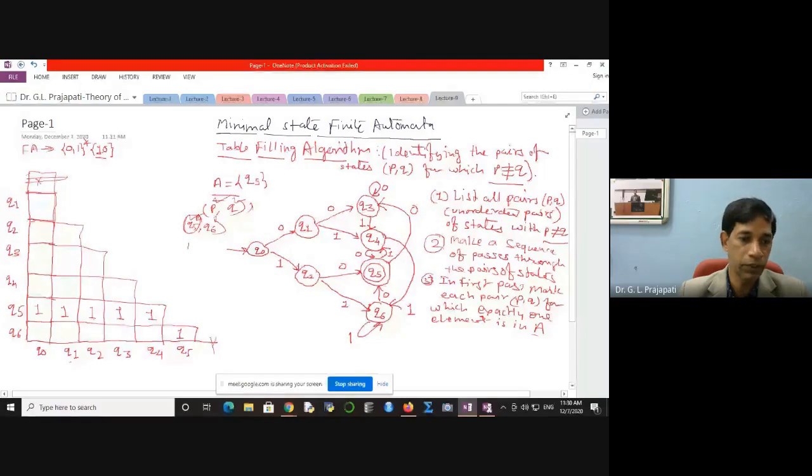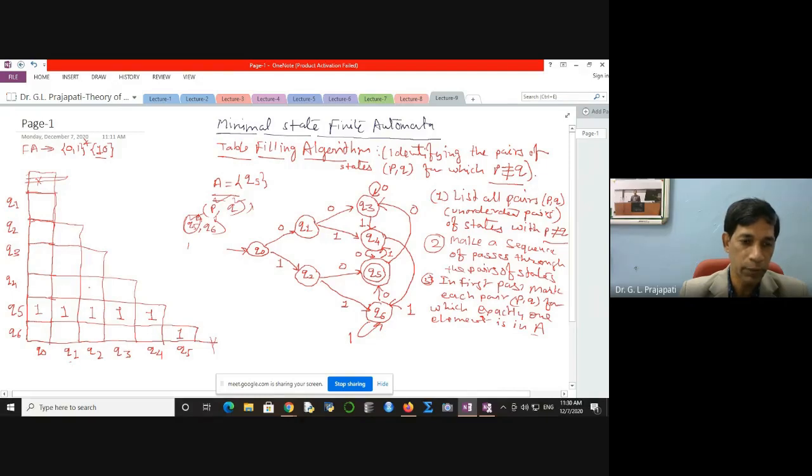Now you can consider whether Q4 and Q0 can be marked. We cannot mark, because Q0 is not a final state. So Q0, Q4 we cannot mark. Q1, Q4 cannot be marked.